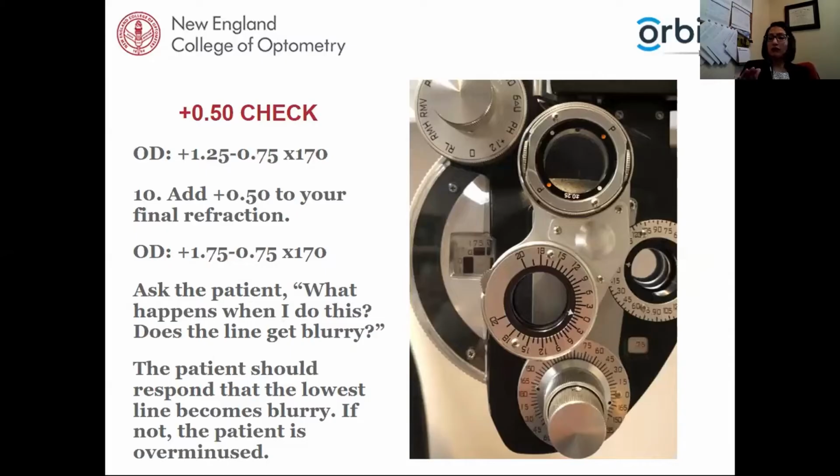If they say no, I can still read it, it's perfectly clear, that means that you over-minused the patient. So you gave them more minus power than they actually needed, and so you may want to reduce it.